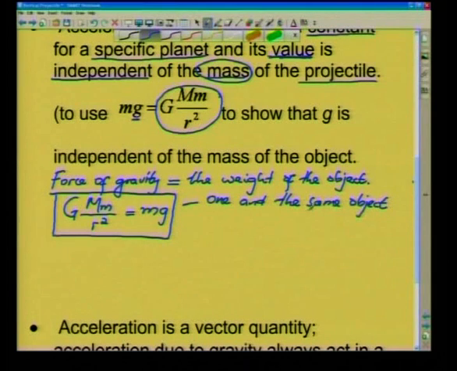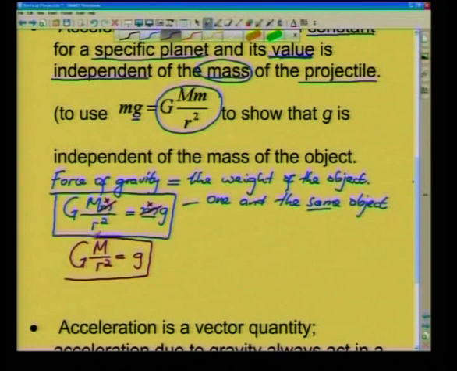That means this m and that m are the same. So if GMm divided by r squared equals mg, m and m can cancel out. So what we have here is GM, capital letter M for the mass of the planet, divided by r squared equals g.